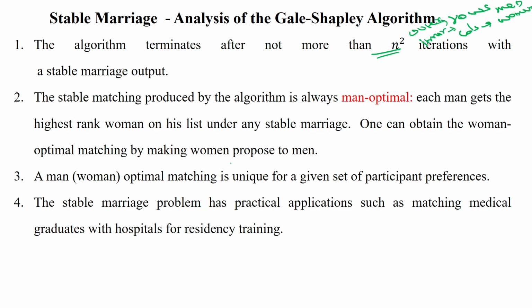The time complexity will be order of n square. Here the stable marriage matching is produced based upon the man-oriented approach, which is called man optimal. Suppose if you want to change the problem into women-oriented, the women can propose to the man first, right? That we can do based upon the updation of the problem statement.